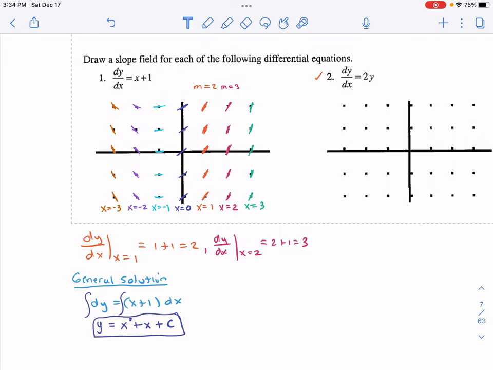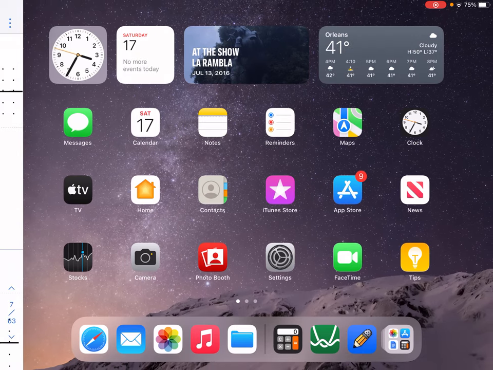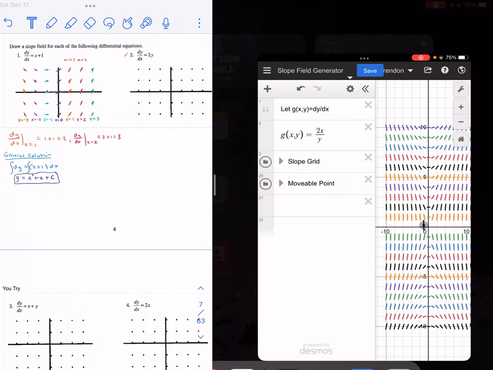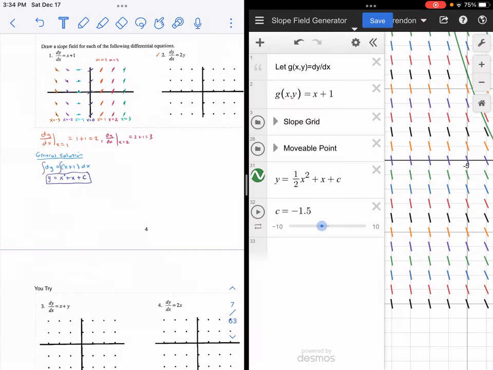Here, so there's a slope field in Desmos. I've got a nice... Oops. Here we go. I'm going to go over to this. Nope. Apologies. Push it off to the side.